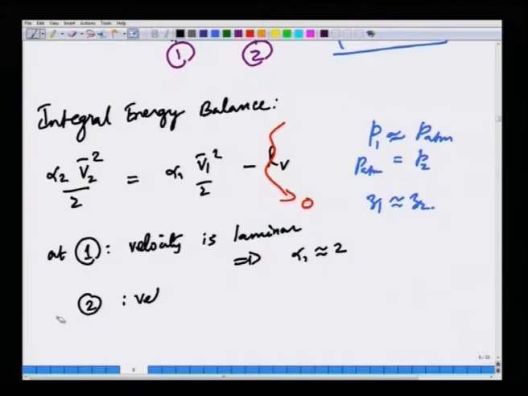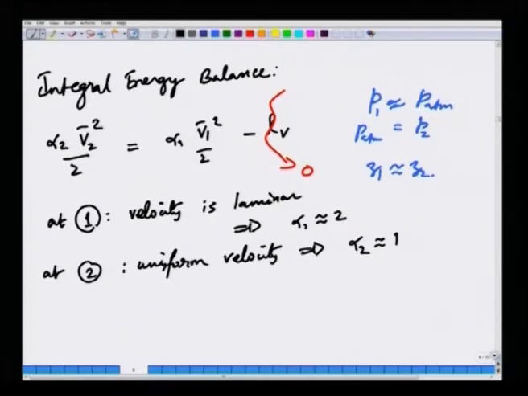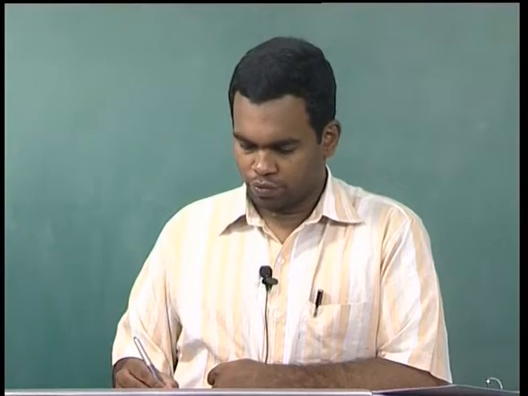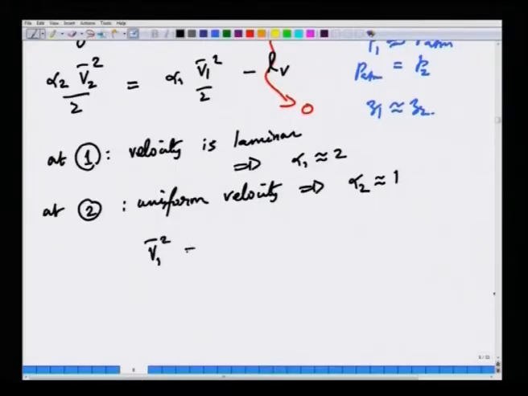At station 2 the velocity is uniform because it is a free jet, so uniform velocity, which implies alpha 2 is 1. After doing this, we will find that v1 squared is equal to v2 squared by 2, or v2 squared is 2 v1 squared.